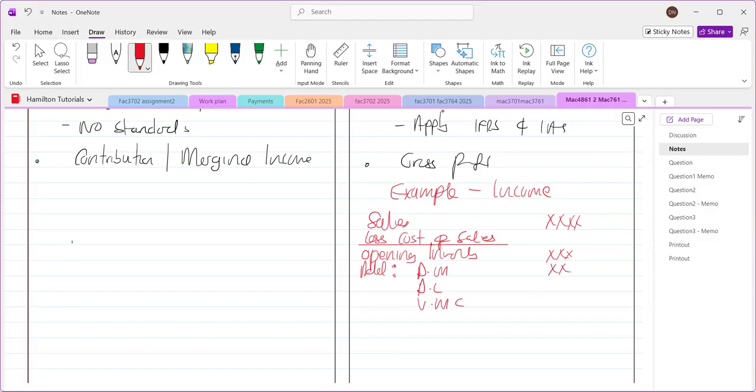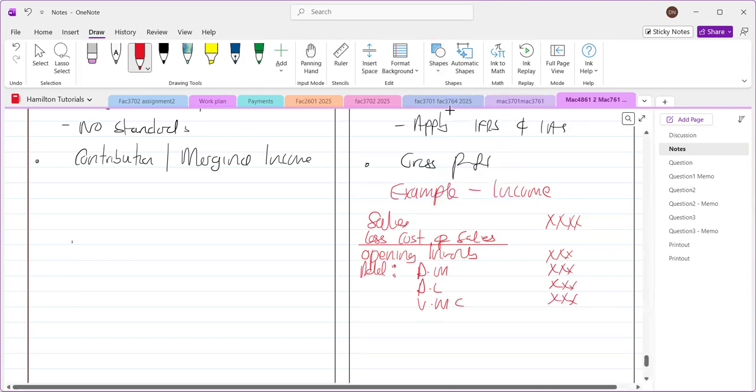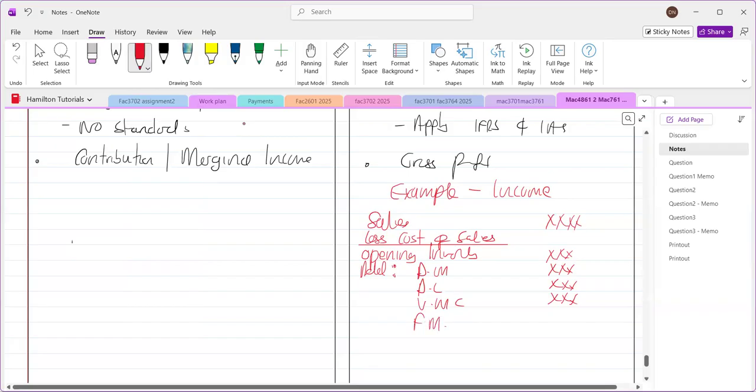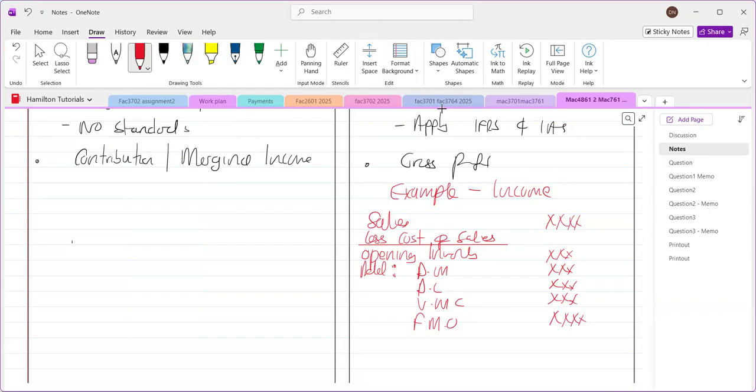So you just add everything together there. You will see that we also add the fixed manufacturing overhead cost here. This is absorption costing. We also add that, so that at the end of the day we can get our total available for sale.